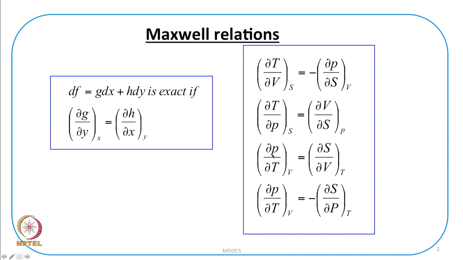Dou P by dou T at constant volume is equal to dou S by dou V at constant temperature, and the final Maxwell relation, dou V by dou T at constant P is equal to minus dou S by dou P at constant T. By looking at these 4 Maxwell relations, you can appreciate the power of these mathematical equalities. These connect one thermodynamic property with another thermodynamic property without doing experiments. Let us derive each one of these.